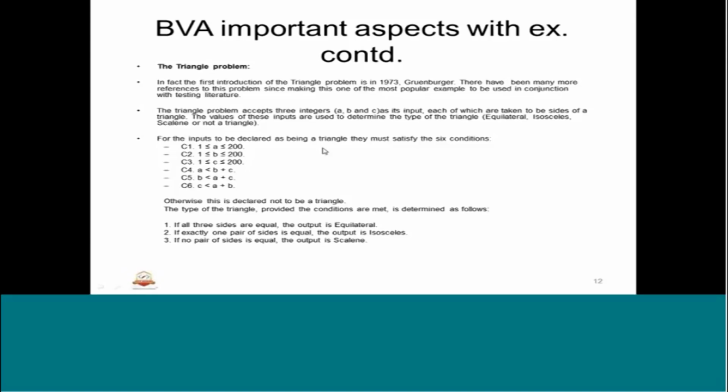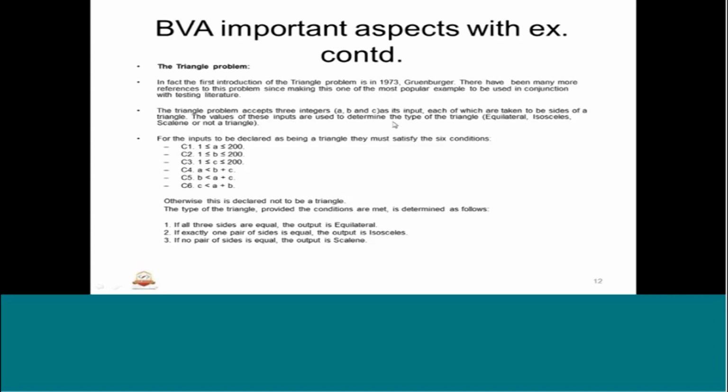The triangle problem accepts three integers a, b, c as input, each of which is taken to be a side of a triangle. That means we have three sides, for isosceles, equilateral, and scalene, whatever you want to call it. So these three inputs are the sides of the triangle.